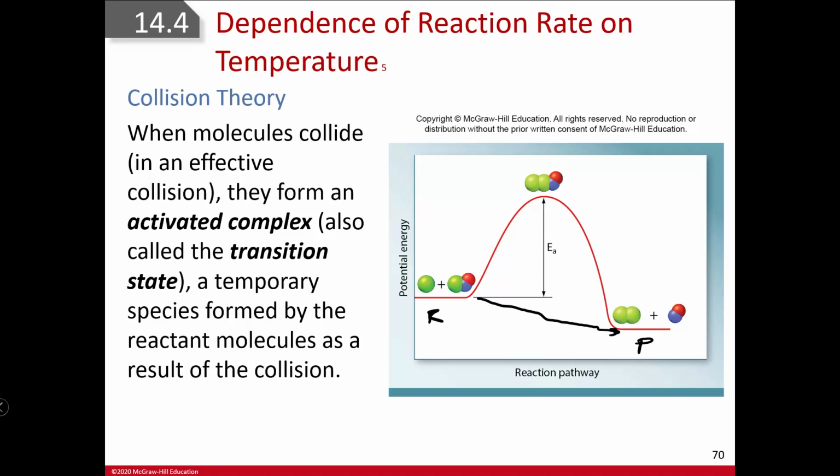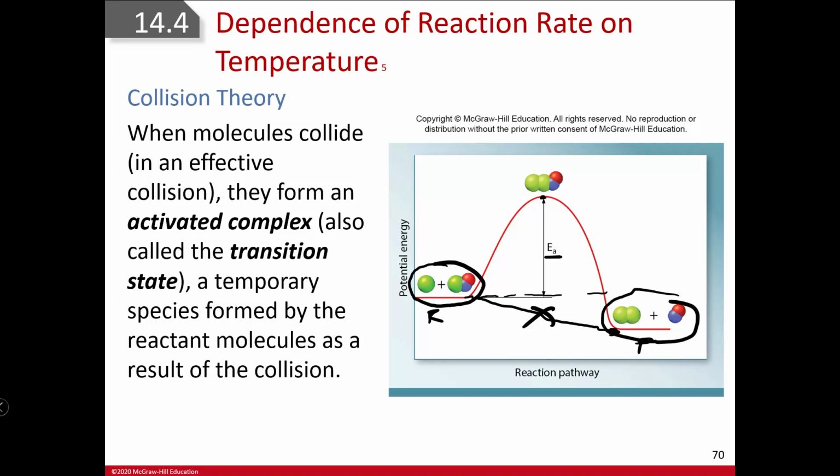But here's what's going on. It doesn't go this way. From where the reactant energy is to the top of this peak is called activation energy. And what's happening is you're somewhere between the reactants being separate and the products here.